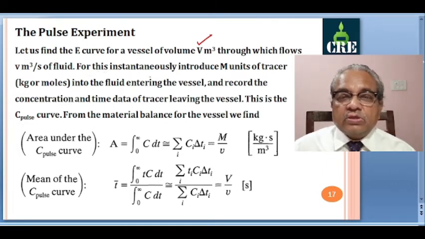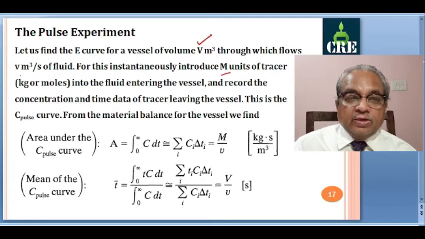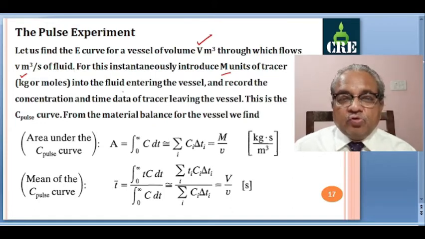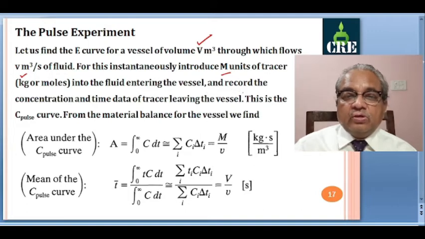For this, instantaneously introduce m units of tracer, either in kgs or in moles, gram moles or kg moles, whatever, into the fluid entering the vessel. So introduce the tracer of m units and record the concentration and time data of the tracer leaving the vessel.